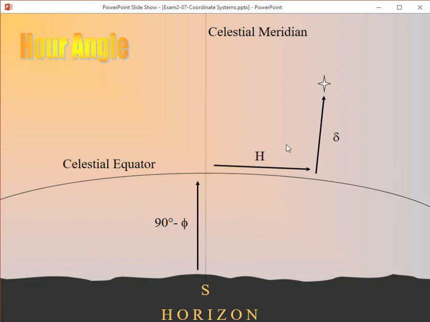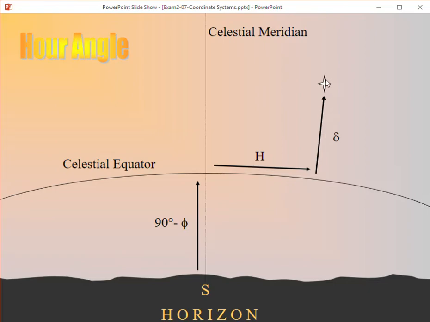The coordinate I want to bring your attention to is the hour angle, capital H. It's measured toward the right relative to that celestial equator. The celestial meridian is going north to south, and we measure from the right of that over, that's capital H, your hour angle.